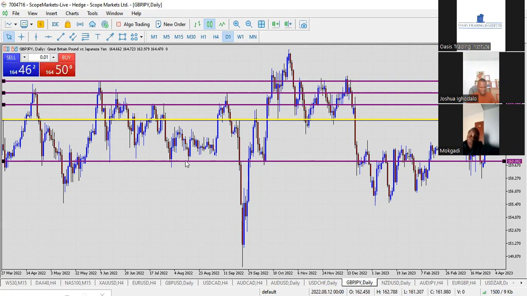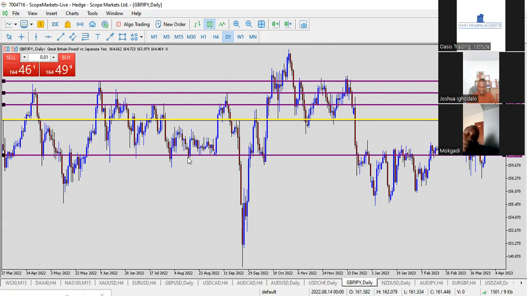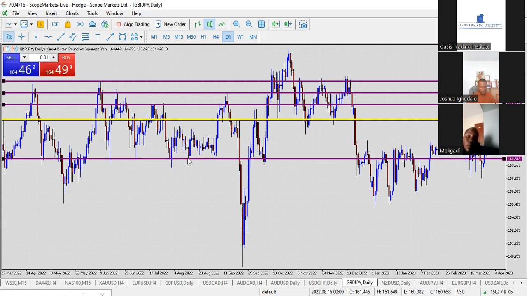Now this is better because the market has come several times to this point and it has relied so much on this particular point. Okay, so the last one is going to be here.